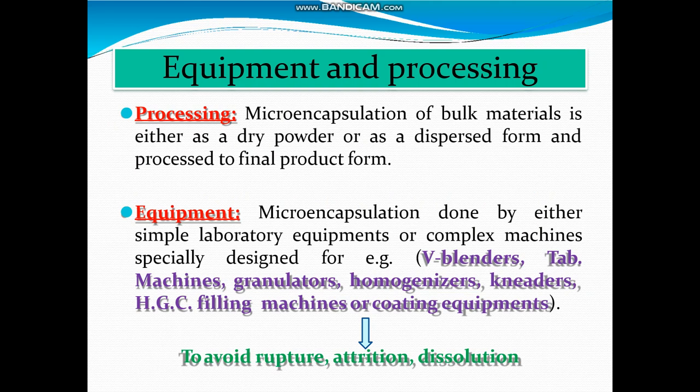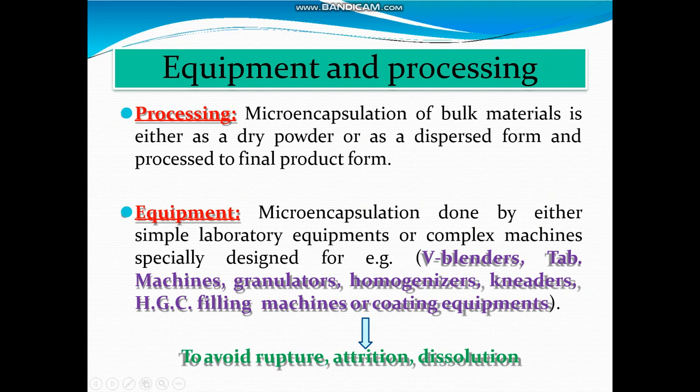What are the different equipments used in the microencapsulation process? Equipments and processing. Processing means microencapsulation of the bulk materials, either as a dry powder or in dispersed form, processed to the final product form.